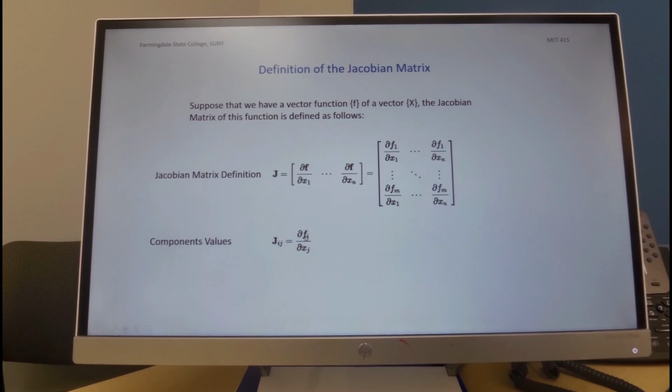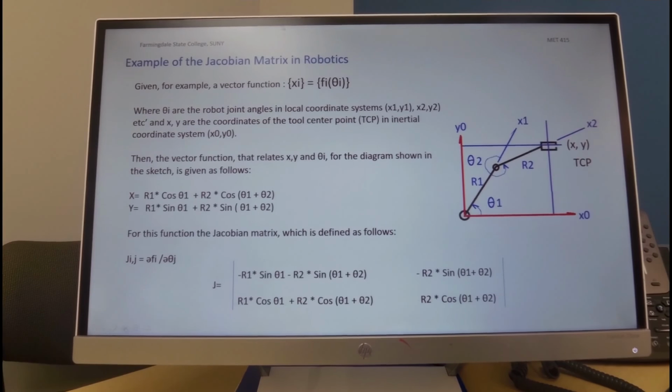The Jacobian element at row i and column j is the partial derivative of function i with respect to the independent variable j. Now let's take a look at an example in our robotic field.